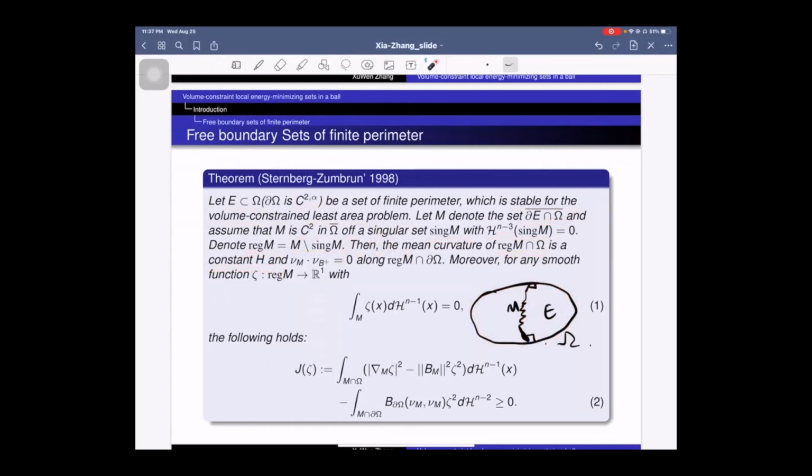And moreover, from the stability, we have such a Poincaré type inequality, which holds for any smooth function whose integral over M vanishes.